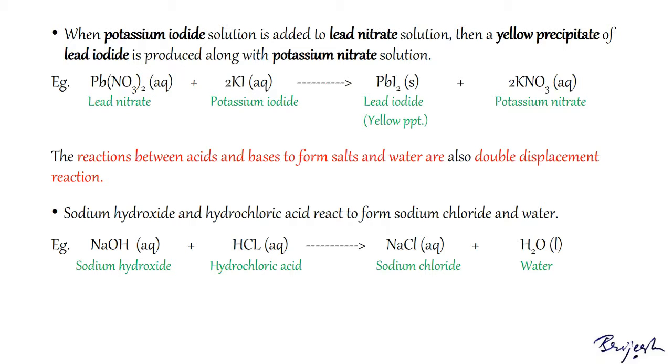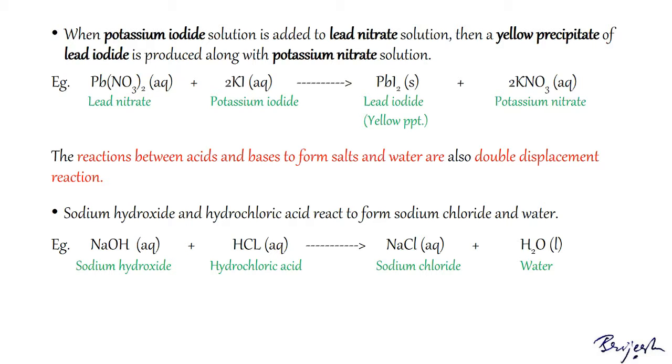Next example, the reactions between acids and bases to form salt and water. Note this statement: acids and bases always react to form salt and water. So the reactions between acids and bases to form salt and water are also double displacement reactions.